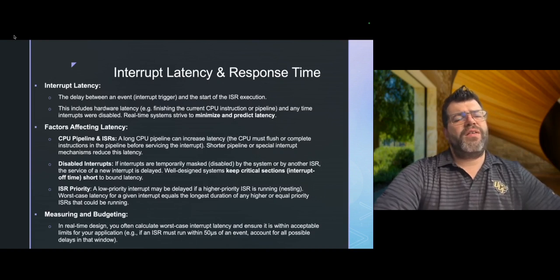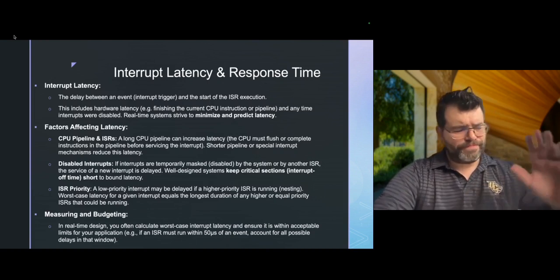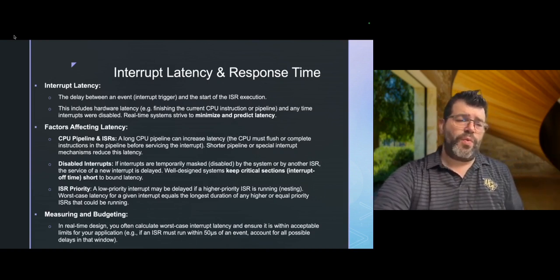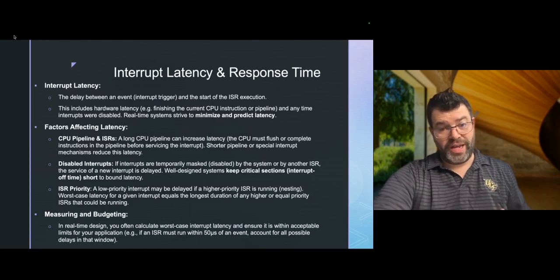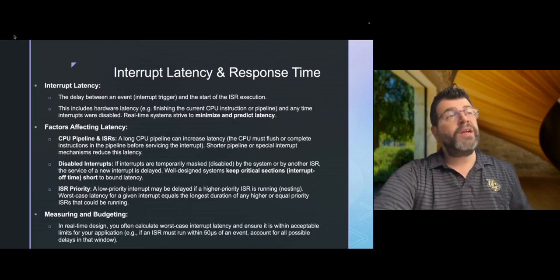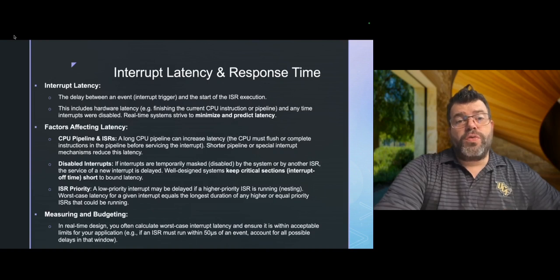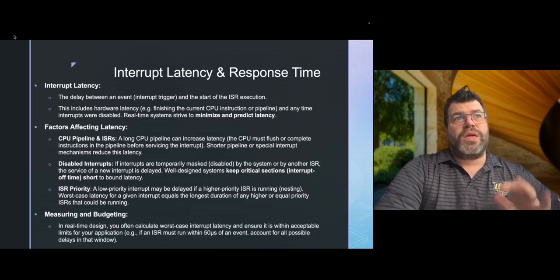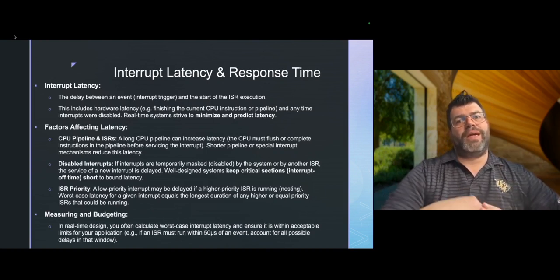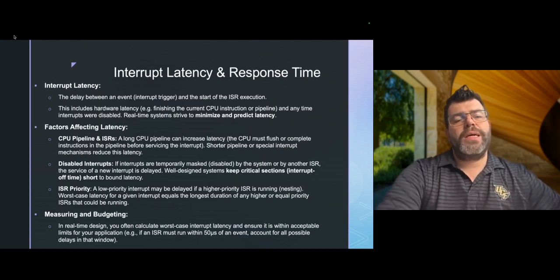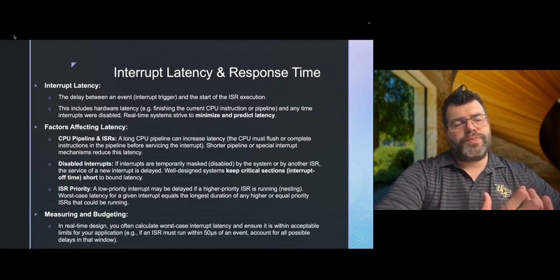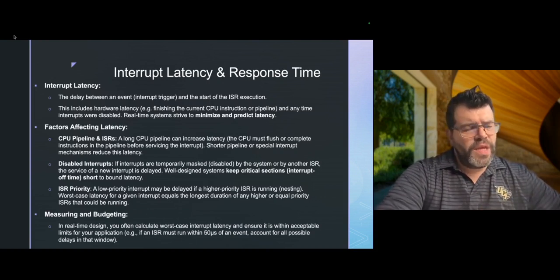More or less, if you have low priority interrupts, they're going to have to wait longer if there's a higher priority ISR already running. So all of these contribute to the amount of time it might take between an event and response to that event. And so all things to consider.